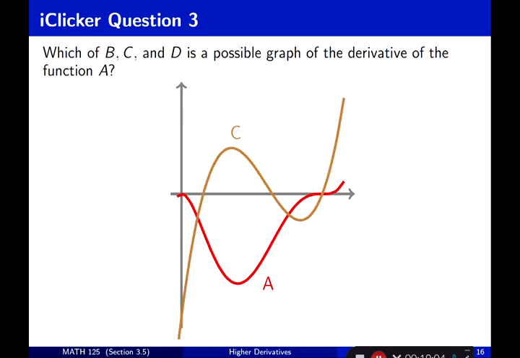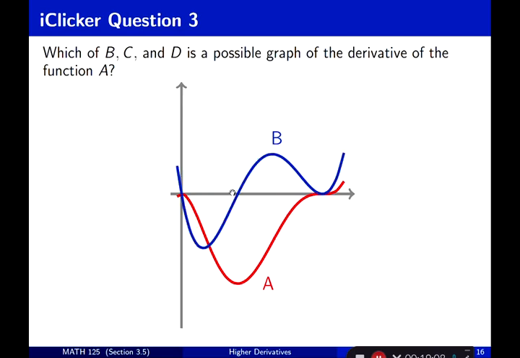That's C. And so let's go back to B. It's all negative over here, then it's all positive, and it's actually decreasing around here, and then it's increasing from here to there, and maybe the concavity is matching right there.